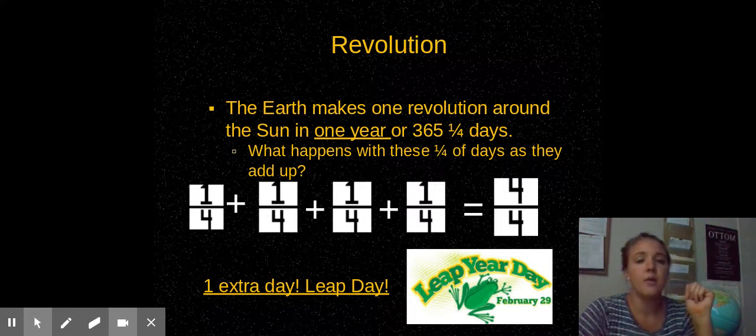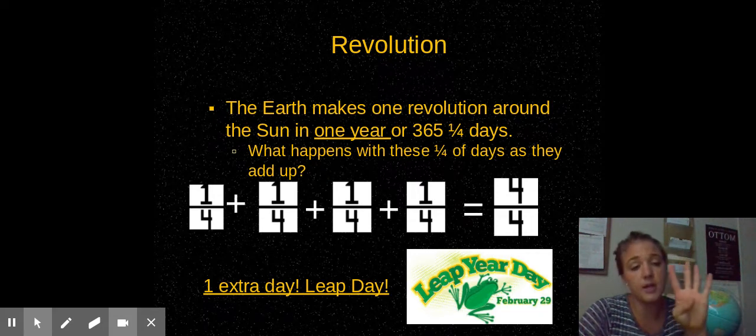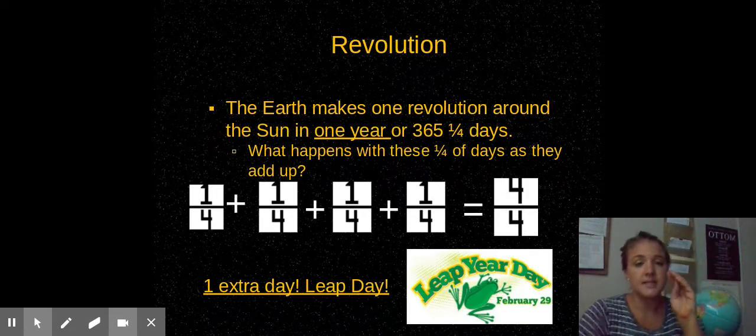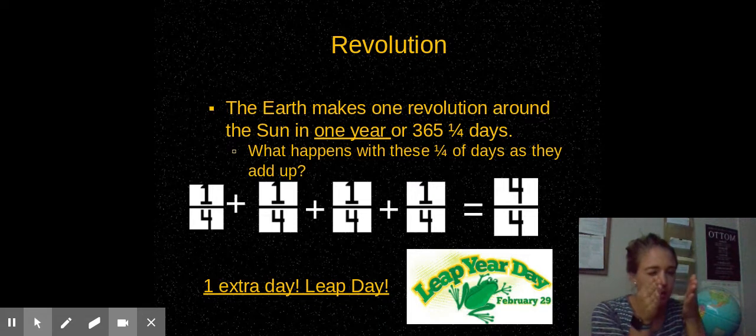Okay, so this is the explanation of leap year. Hopefully, you know that every 4 years we have a leap year where February has 1 extra day. February, instead of having 28 days, has 29. That's because every 4 years, we have that 365 and 1/4, that little bit of 1/4 left over.